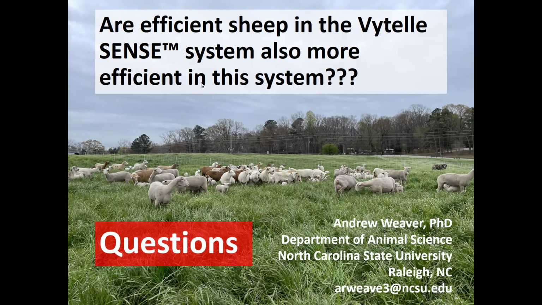Questions? I have a couple questions. Yeah, go ahead. Okay. This last slide was the one that got me thinking throughout the whole thing: can you extrapolate what you're doing in a feedlot for producers that are pasture-based, the feed efficiency part of it?